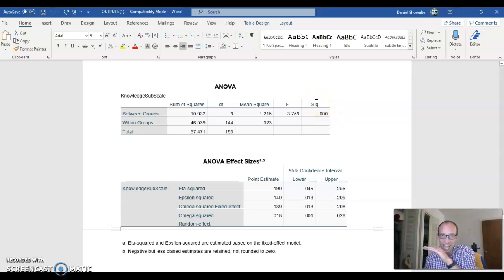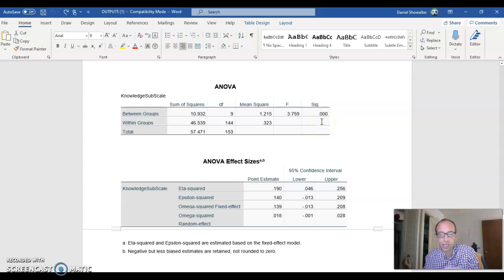So when you think about 10 groups, the chance that there's some difference in means along the way somewhere is very high. So I'm not at all surprised to see a low p-value. And this, by the way, is not 0. You would put p less than 0.001. It can never be 0. This is just rounded to the nearest thousandth.